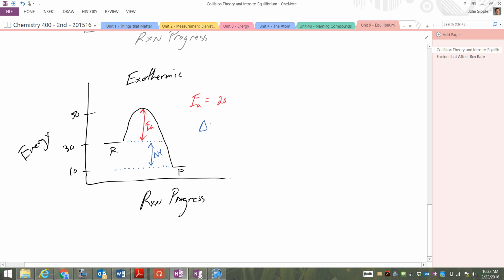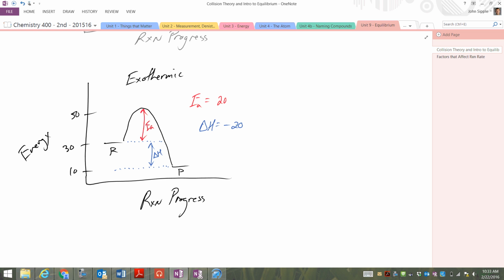What is delta H equal to for this one? Products minus reactants. What's our enthalpy in this reaction? Careful. Products minus reactants. Bingo. All right, that's the key. It's negative 20. That's important, right? The sign is really important, whether it's positive or negative.